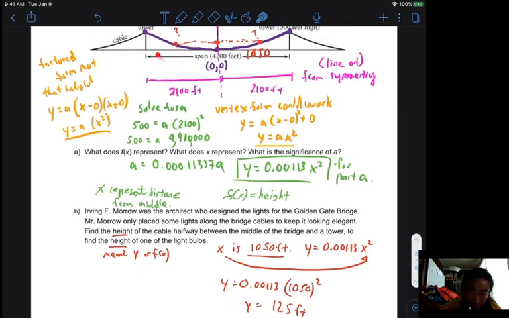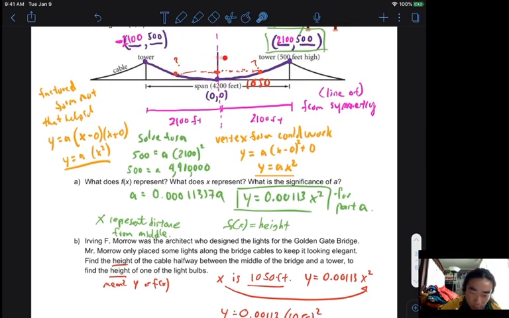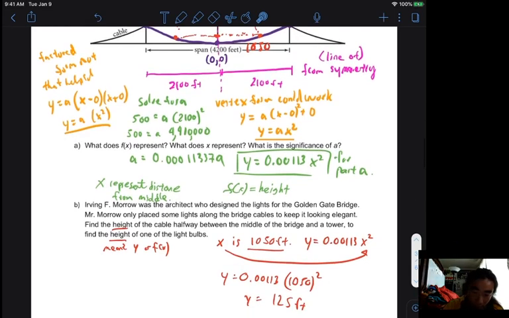So you might have found, like, where'd you get 250? 250 is like half of this middle, right? But they didn't want the middle of the y. They said middle in this part. Halfway between the middle of the bridge and a tower, that's actually where the x coordinate is. That's this way, versus halfway here. To find the height of one of the light bulbs, like here, your answer should be 125 feet in the air. That's part B.